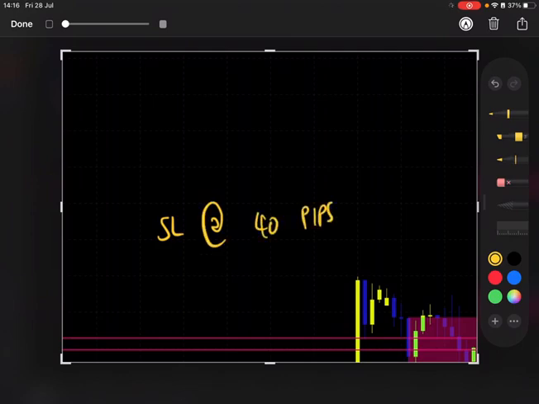Now again, something that is very important are SLs. So I usually suggest 40 pips SL, since if you're trading on your own account, 40 pips is not too tight to lose, but it comes with proper money management.